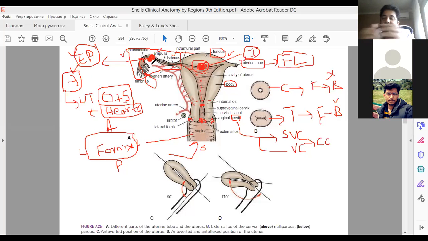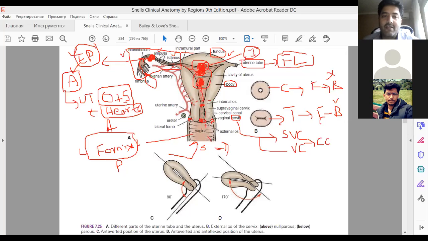When they meet together, the zygote is formed. Now this zygote must go into the uterus, and in the uterus it must be implanted, and then it will grow and increase in size, and then your beautiful baby will come out from here.